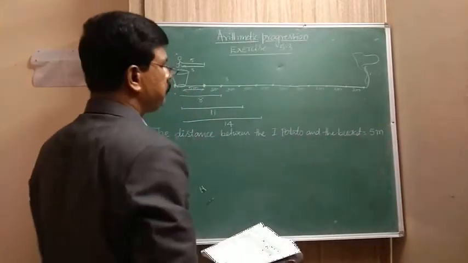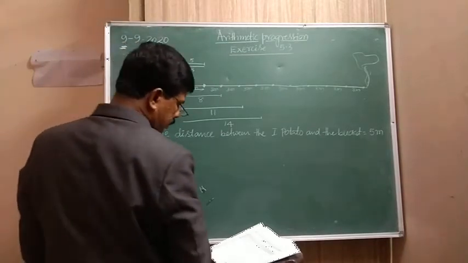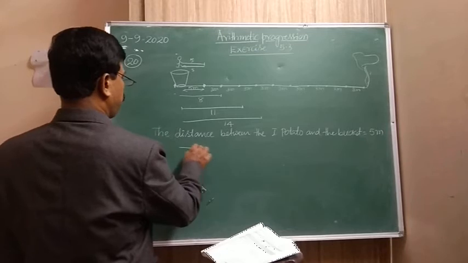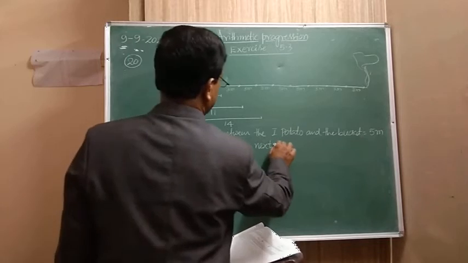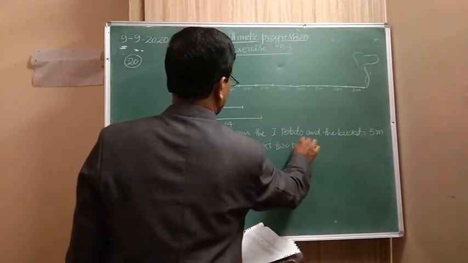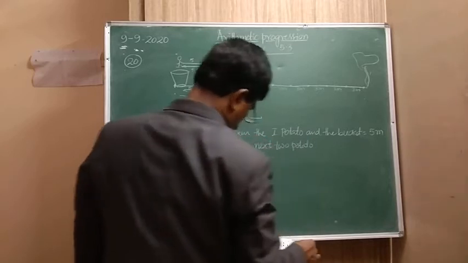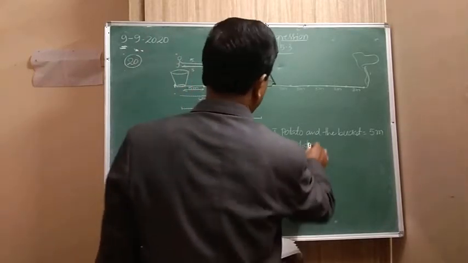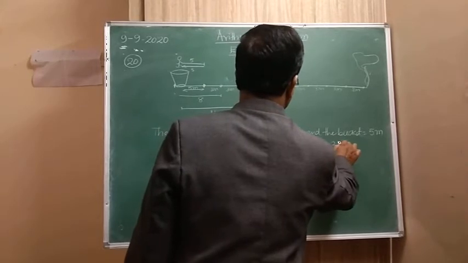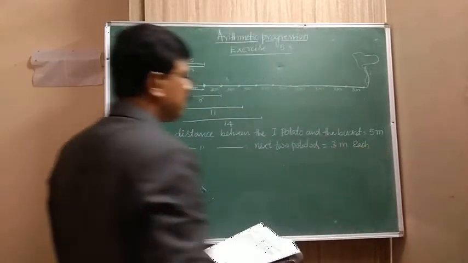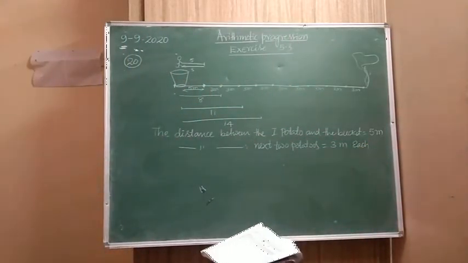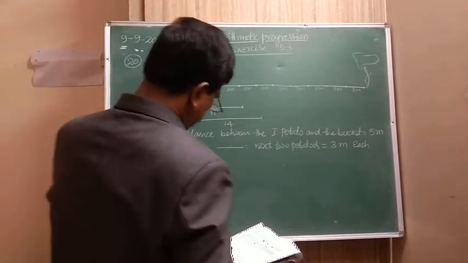5 meters. Then the distance between the next two potatoes equals 3 meters each. Look at that, how it is taken. Now the 3 meters each.